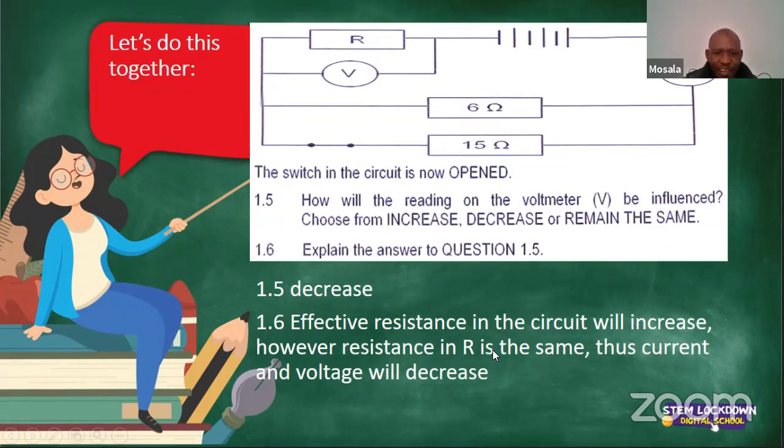Thus the current and voltage will decrease because R around this will be the same. So voltage and current will have to decrease because V equals IR. So R is the same. So if I decreases, it means V also decreases.